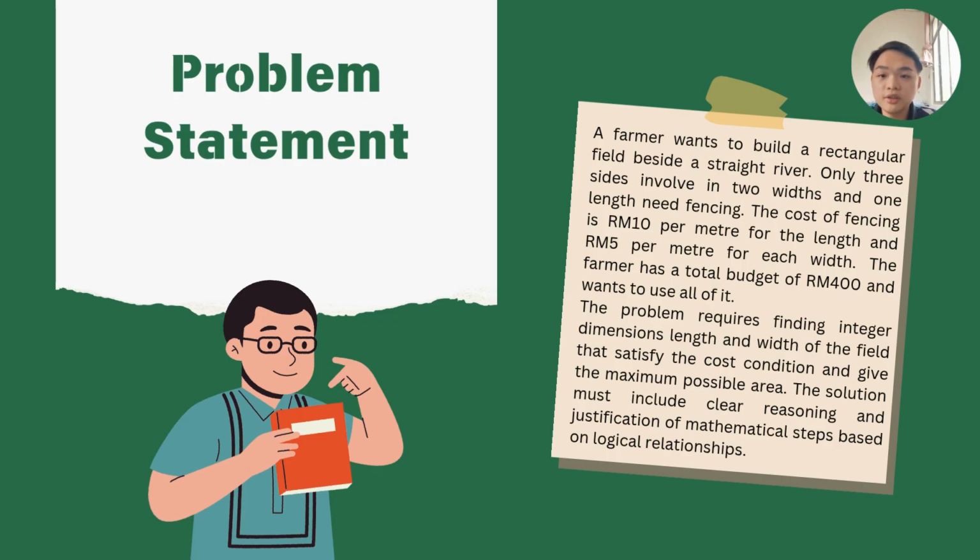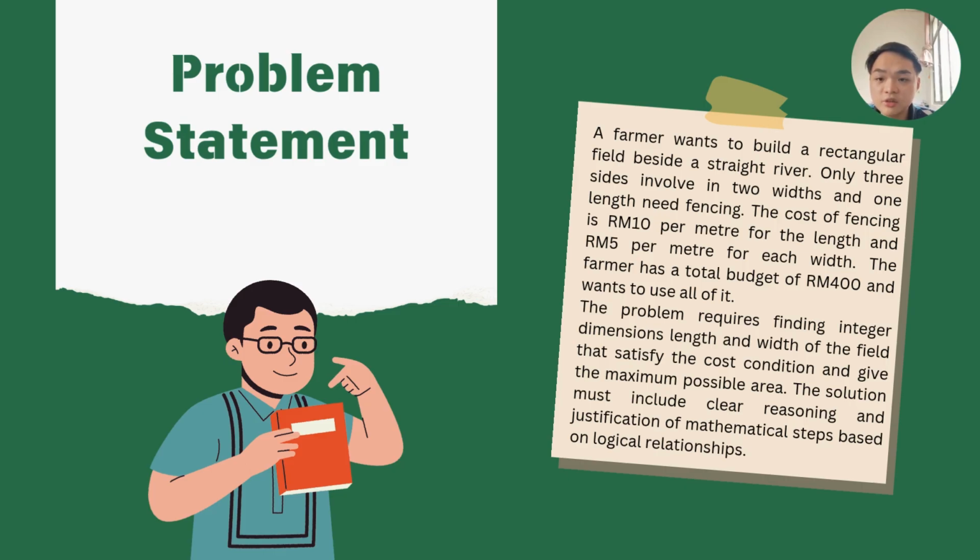A farmer wants to build a rectangular field beside a straight river. There are only 3 sides involved, 2 widths and 1 length that need fencing. The cost of fencing is 10 ringgit Malaysia per meter for the length and 5 ringgit Malaysia per meter for each width.